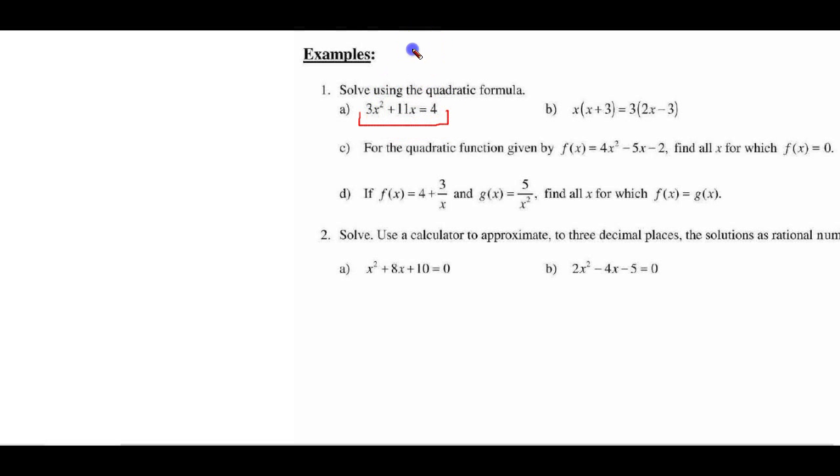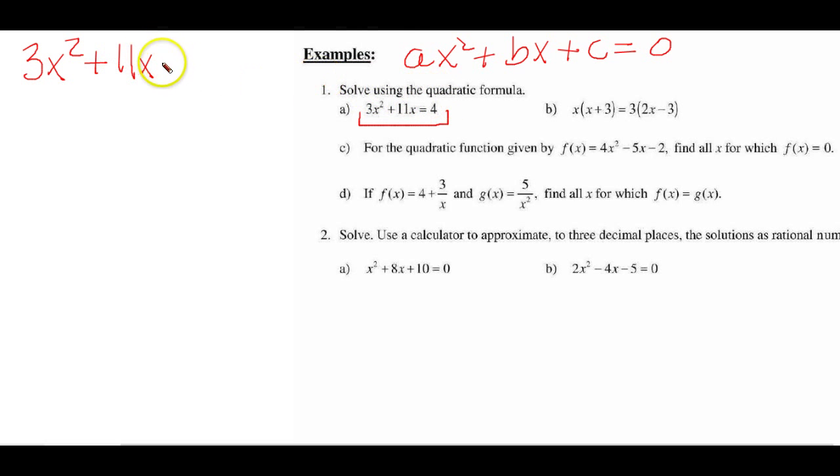Remember, standard form is ax squared plus bx plus c equals 0. And your answer should be no. But we can put this in standard form, so let's do that over here. 3x squared plus 11x. Now I'm going to transpose the 4. That's a negative 4 equals 0.